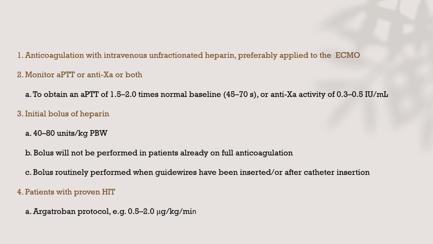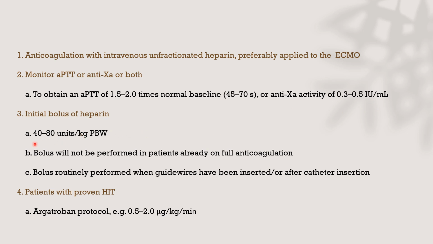Monitor PTT and anti-factor 10 or both, so as to obtain PTT 1.5 to 2 times normal baseline, 45 to 70 seconds, or anti-factor 10 of 0.3 to 0.5 international unit per ml.